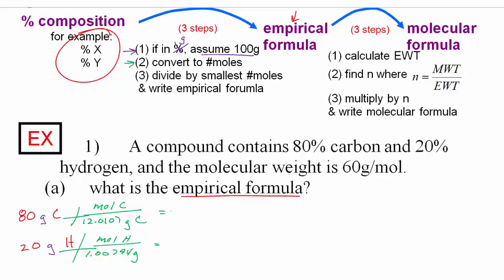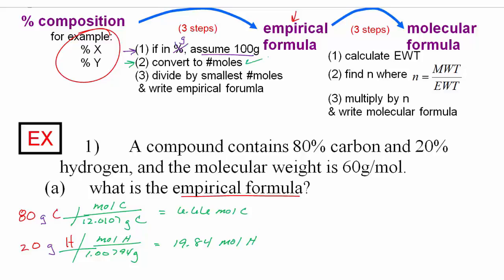So 80 divided by 12.0107, about 6.66. And 20 divided by 1.00794, about 19.84. So I'm just carrying like 4 or 5 digits or so. Moles of carbon, moles of hydrogen.